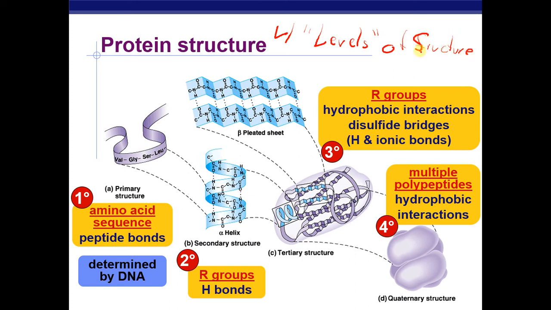They have names: primary, secondary, tertiary, and quaternary. They all in some way contribute to the final shape of your protein.